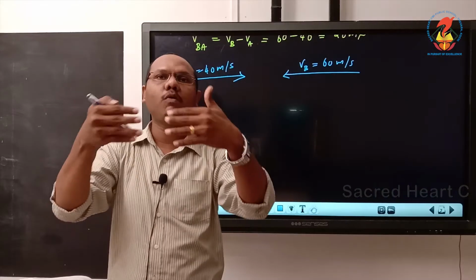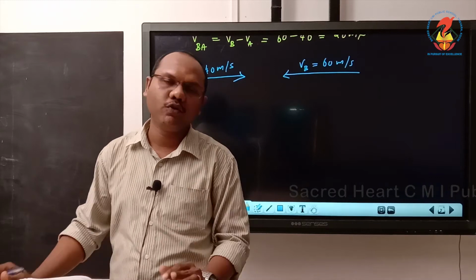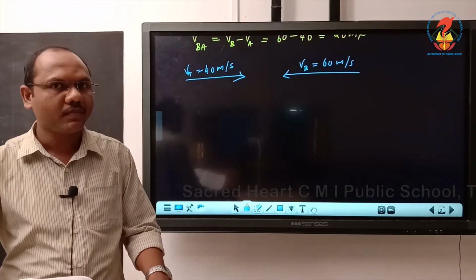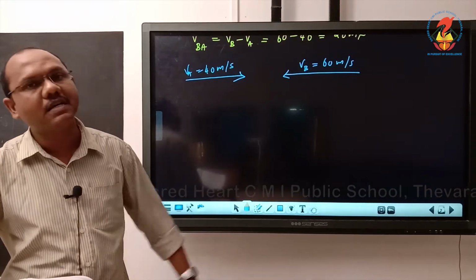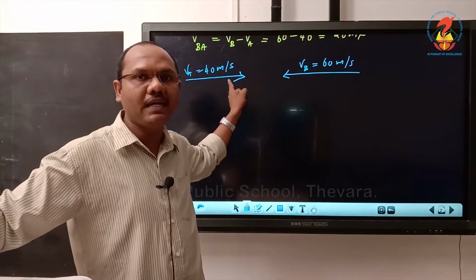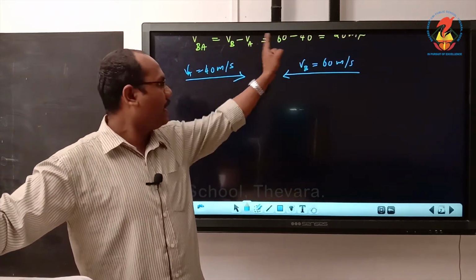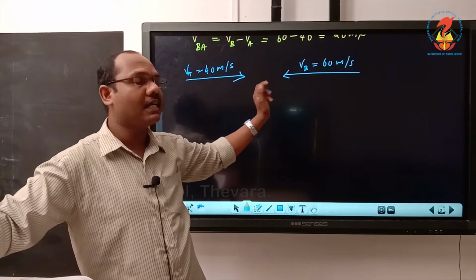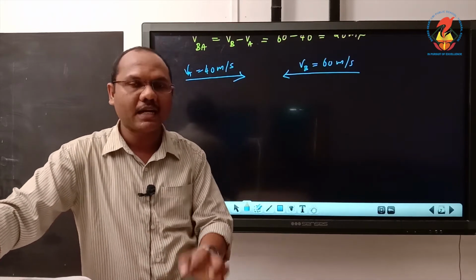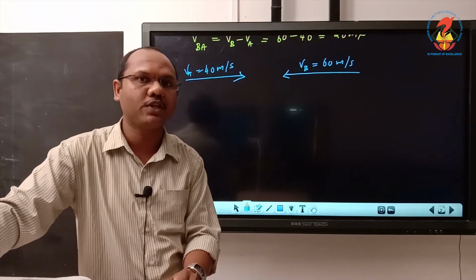Then what do we do? If they are in the opposite direction, the direction of the first body should always be taken as positive, and if the second body is coming in the opposite direction, its velocity should be taken as negative.